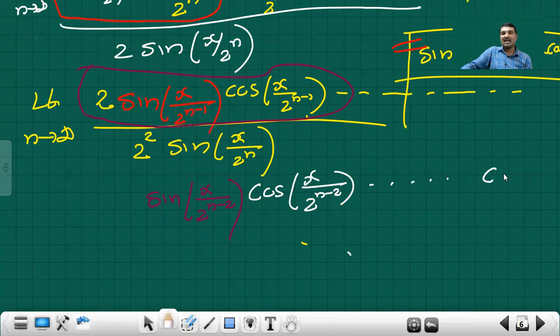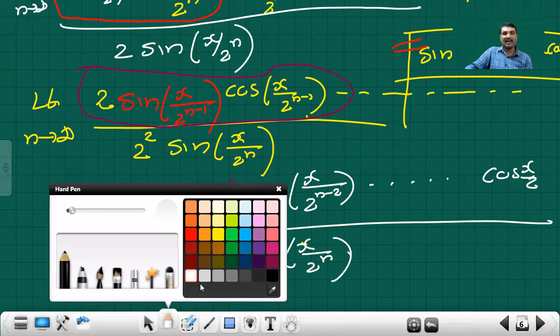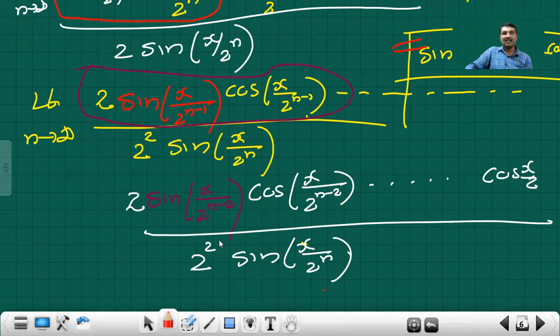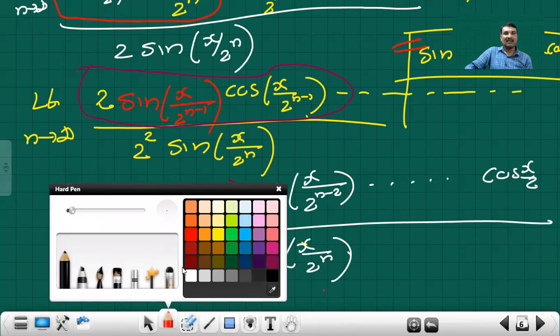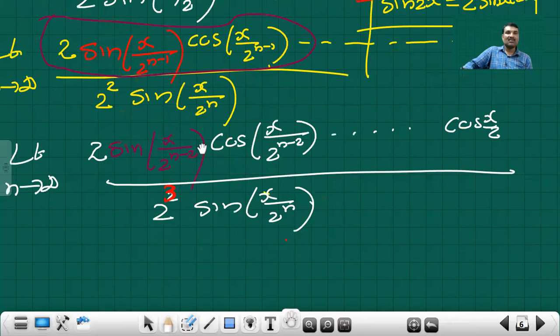This goes on to the last term cos x by 2, and we have 2 raised to 2 into sine x by 2 raised to 2. Again, the 2 is multiplied in the numerator, so the denominator becomes 2. And again, we have the limit here, limit n tends to infinity, and this goes on and on.